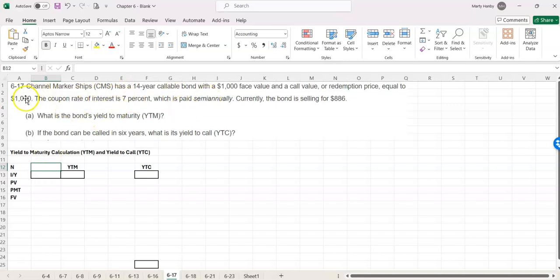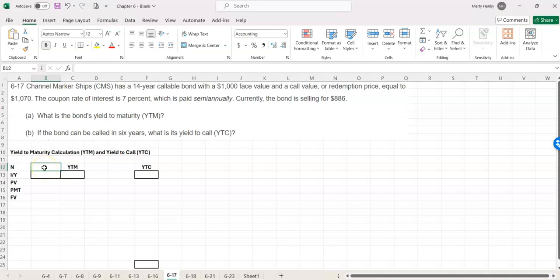So the redemption price will always be in the future value register. It's important. One of the big mistakes that I see is students put the redemption value in the PV register, which will result in an error.